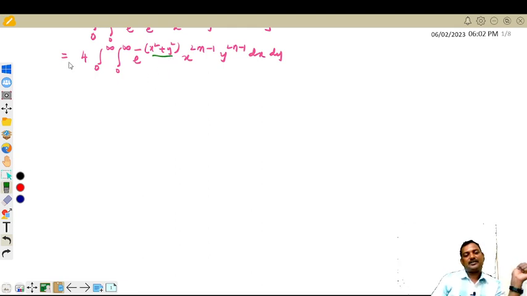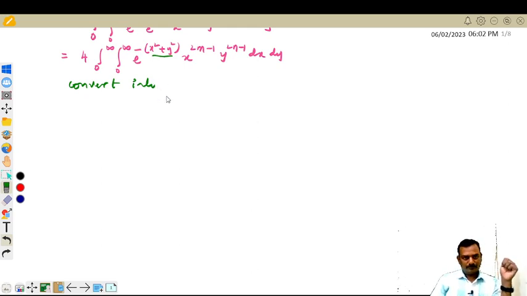In such cases, we are going to convert into polar form, because it is like the equation of a circle form, for that we are going to convert in terms of polar.